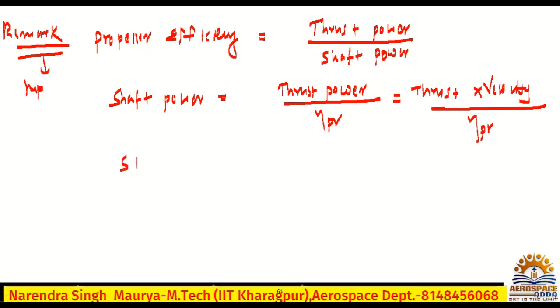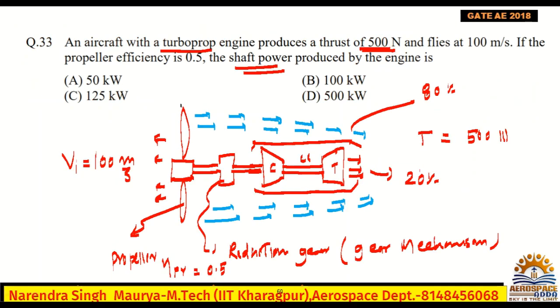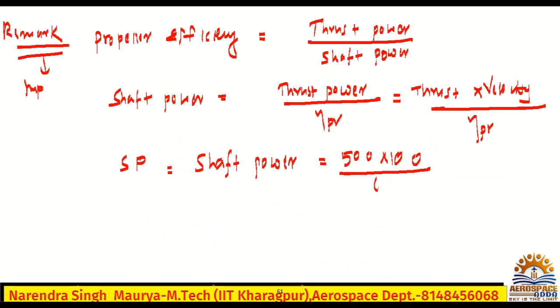So shaft power is nothing but thrust, which they have given as 500, velocity 100, divided by eta PR, which is given as 0.5. So this is the formula. There is nothing here to get confused about, because it's a very simple formula. If you know it, then all the data they have given, you can solve this in the calculator.